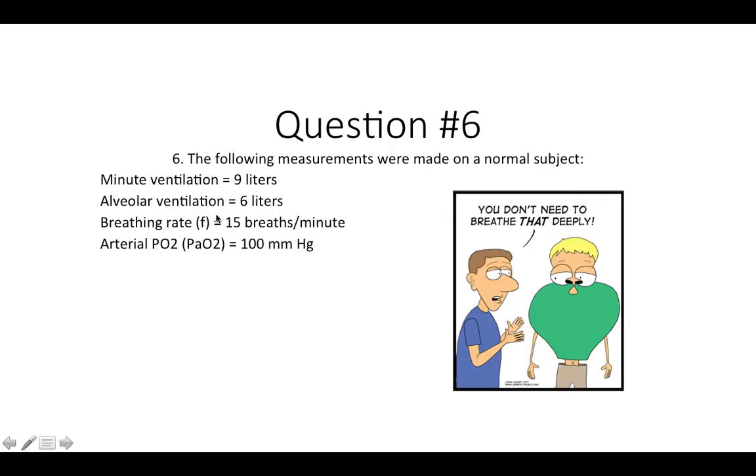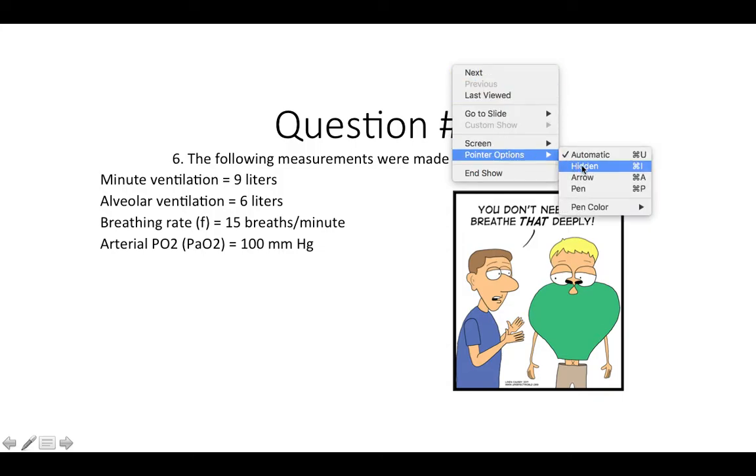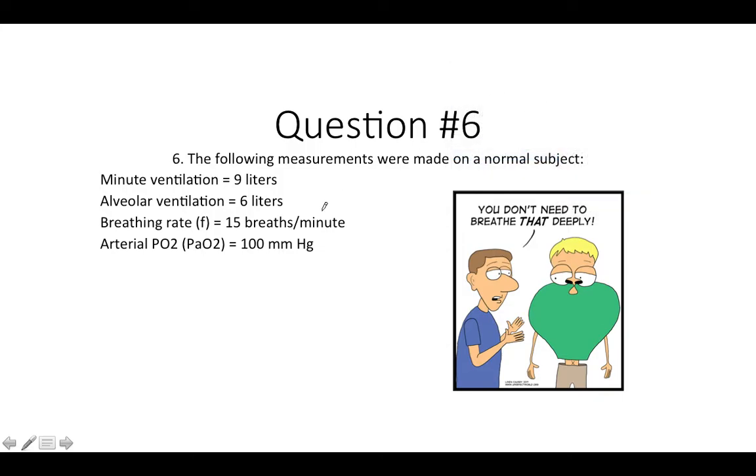So we're going to first figure out something called dead space. So if I can, I'm going to go ahead and write on this a little bit. And we're going to calculate dead space. So the way you do this is you get this minute ventilation here, which is 9 liters. Sorry, this may take me just a little bit, just because I'm using a mouse.